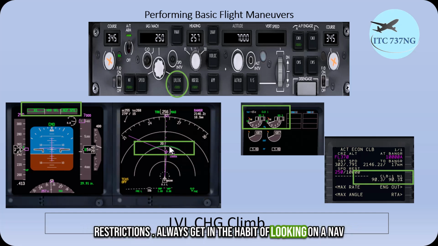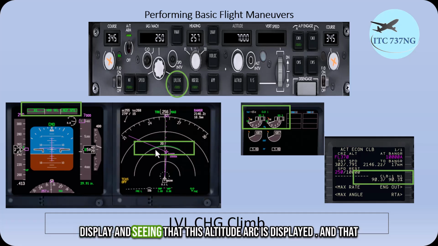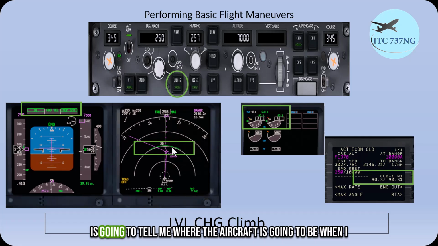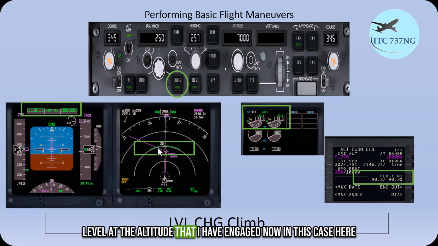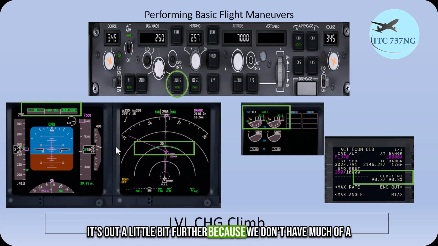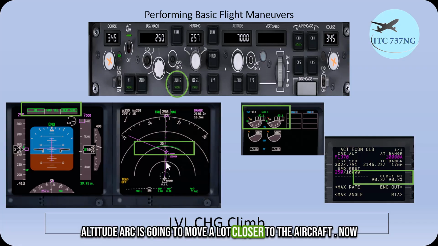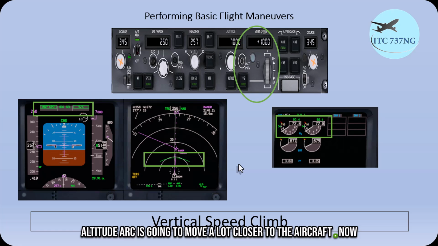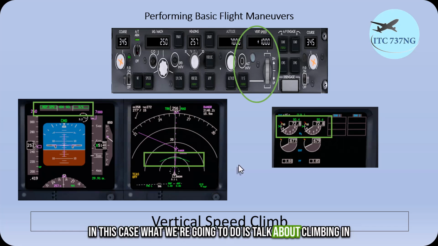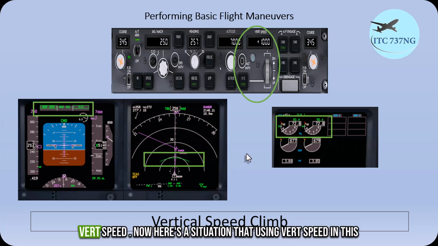Always get in the habit of looking on a nav display and seeing that this altitude arc is displayed, and that is going to tell me where the aircraft is going to be when I level at the altitude that I have engaged. Now in this case here, it's out a little bit further because we don't have much of a climb yet. But once you get established in the climb, that altitude arc is going to move a lot closer to the aircraft. Now in this case, what we're going to do is talk about climbing in vert speed.